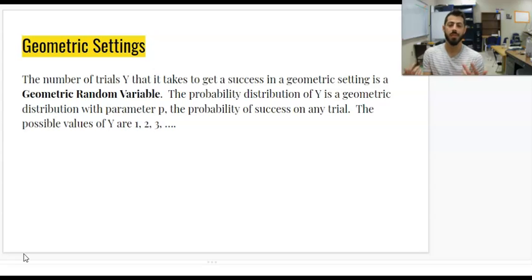That's sort of the premise of the question. We're not supposed to know. We're asking what is the probability that my first success will happen on blank, right? The random variable Y is what we're looking for, and the probability of it being 1, 2, or 3 or whatever is going to change depending on the situation.